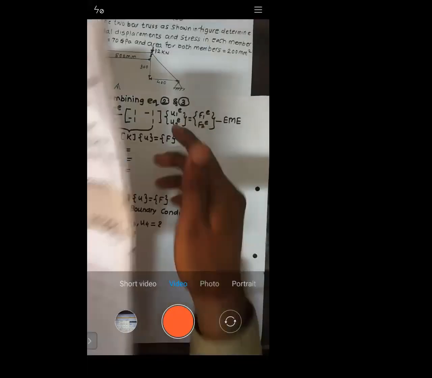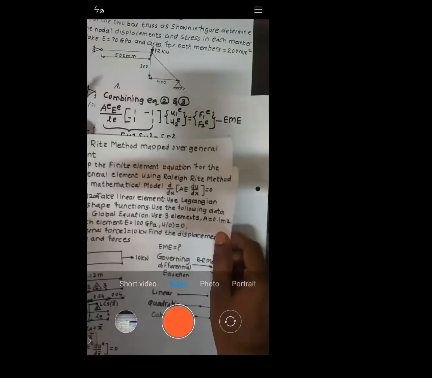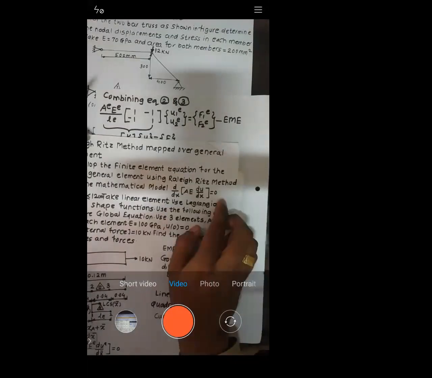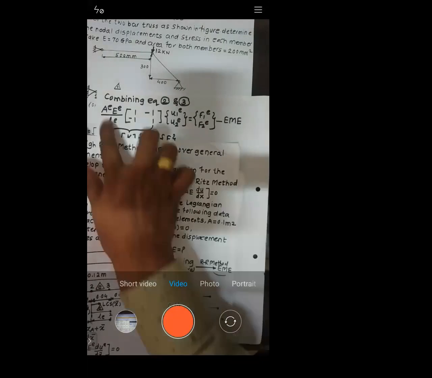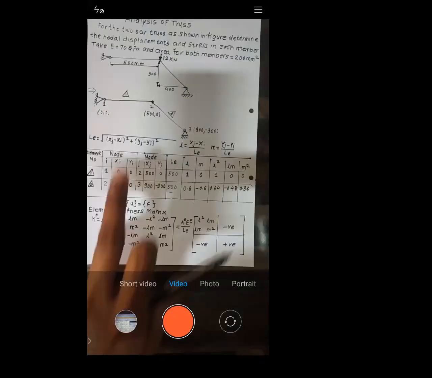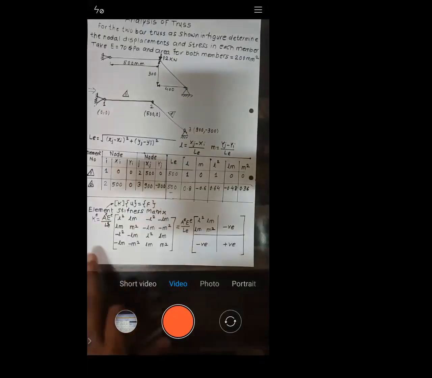When you solve this equation, d by dx of AE du by dx equal to 0, by the Rayleigh-Ritz method, you will get this answer. In a similar manner, when you solve the governing differential equation for truss, you are going to end with this EME. Is it okay with this one or not? Let me know.